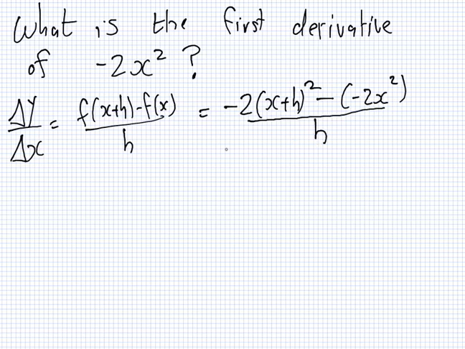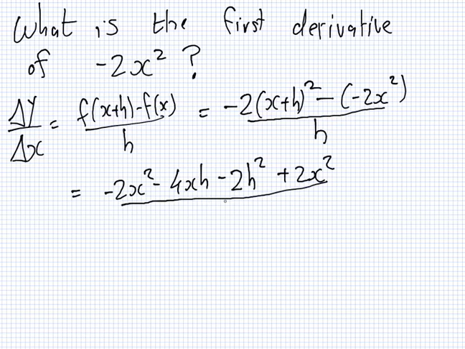Taking care with the signs, please. Minus 2x squared minus 4xh minus 2h squared plus 2x squared all over h. Cancel, cancel, cancel, and I'm left with minus 4x minus 2h.